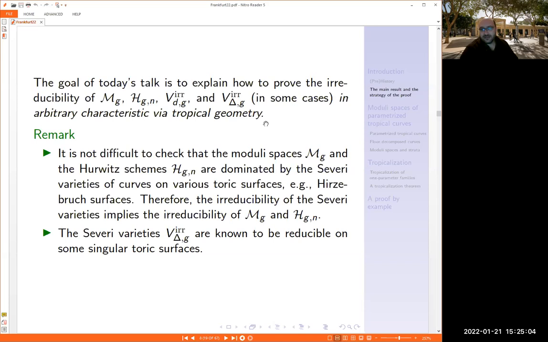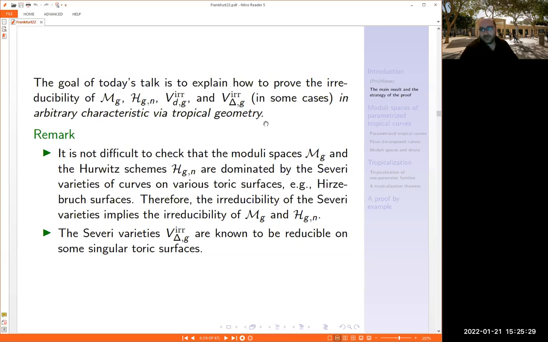The first remark is that it is not difficult to check that the moduli space MG and the Hurwitz schemes are both dominated by certain Severi varieties. You must consider Severi varieties on certain toric surfaces; for example, Hirzebruch surfaces are good enough. Then you can dominate MG and HGN with the Severi varieties.